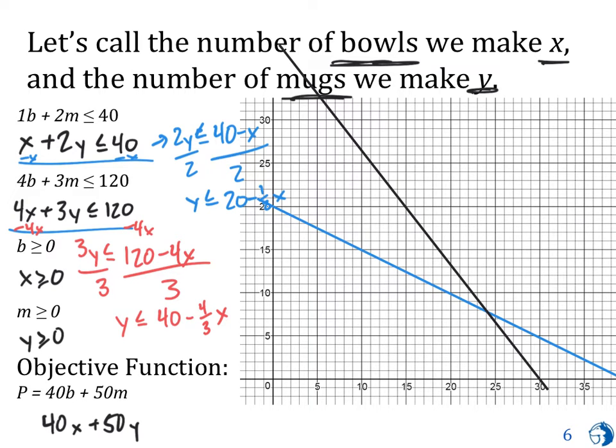That'll look like that. So then my shading, remember that I have these two also. I'll have that non-negativity on the x and the non-negativity on the y. So my feasible region is the area in between all of these inequalities, which is this stuff that I'm highlighting now.